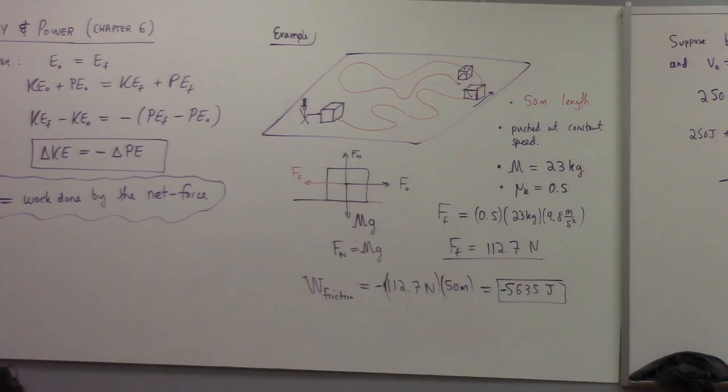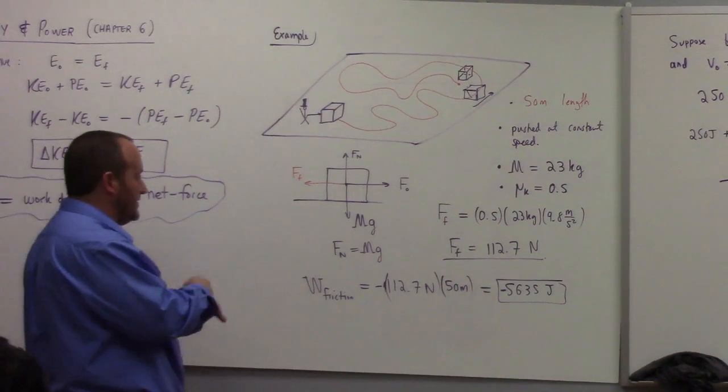How much work is done by Mr. Top Hat in this process? What's the net work done? The net work done is 0 because it began and ended at the same constant speed. Another really interesting thing about work is it's additive.